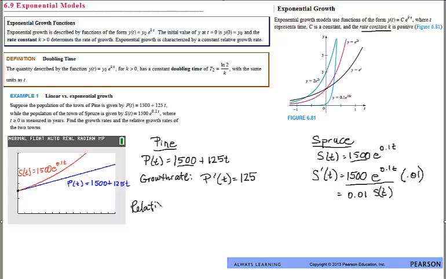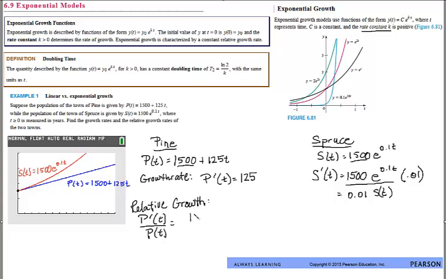Relative growth rate is another aspect we can look at, and what you'll do for relative growth rate is just take the derivative, or the growth rate, and compare it with that population, taking that ratio. So it is just P prime of t over P of t.